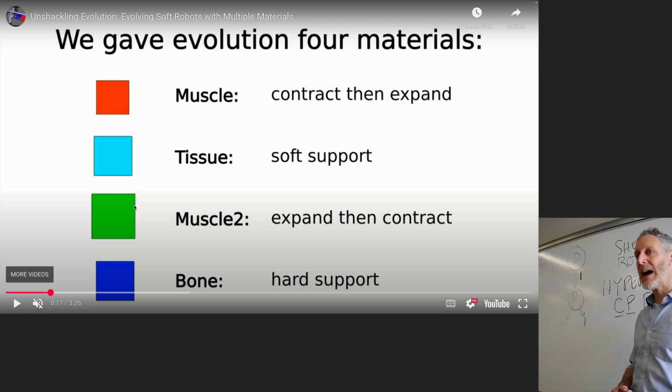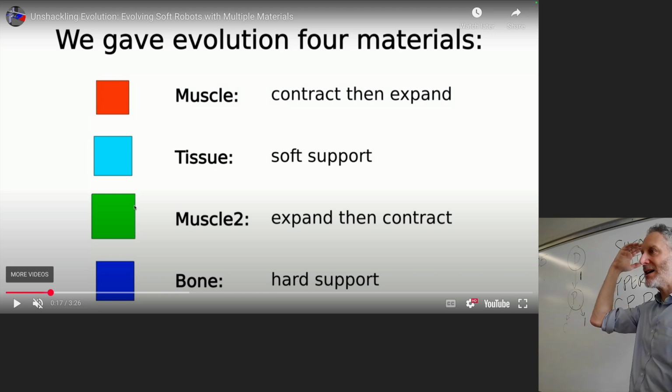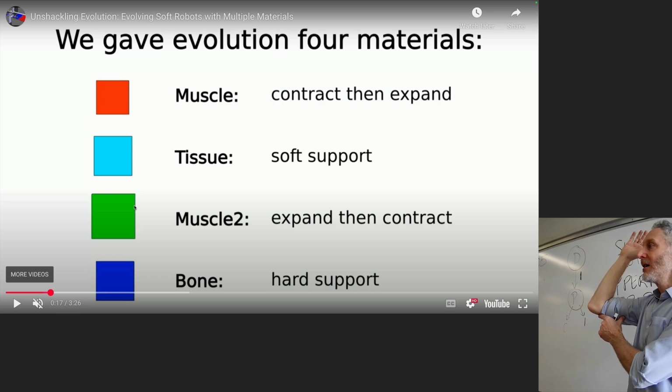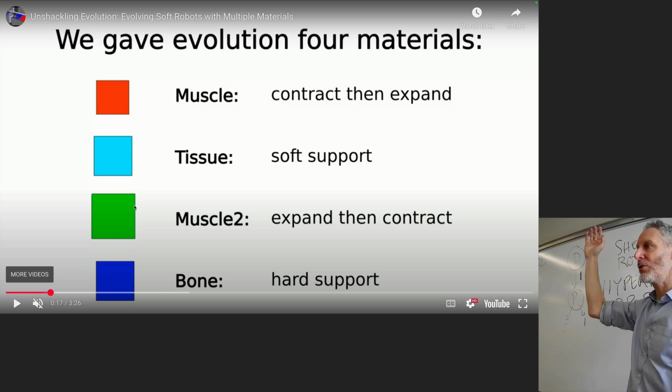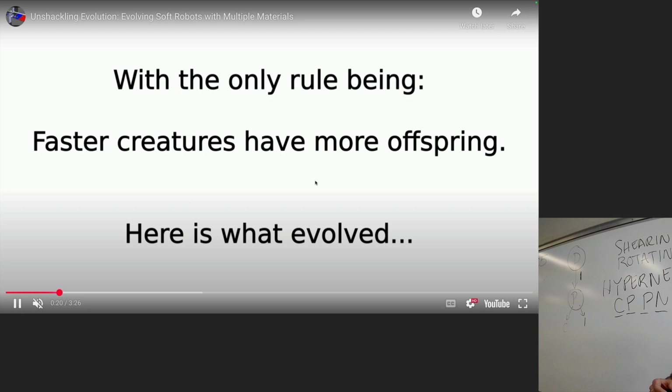Antagonistic muscles. Agonist and antagonistic muscle groups, right? When I flex my bicep, I relax my tricep, which causes this to happen. If I want this to happen, I compress my tricep and relax my bicep. Yeah? Same idea here. Let's see what evolution makes of these 4 materials.